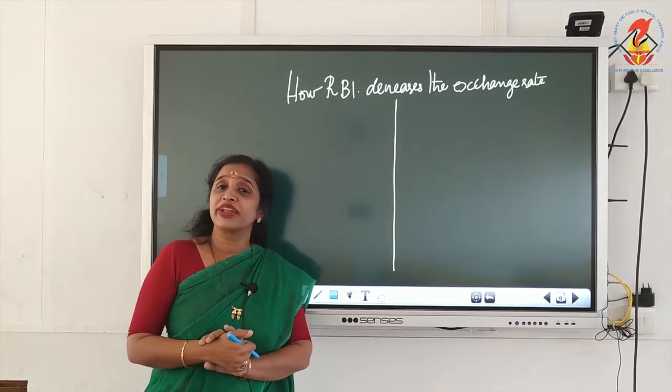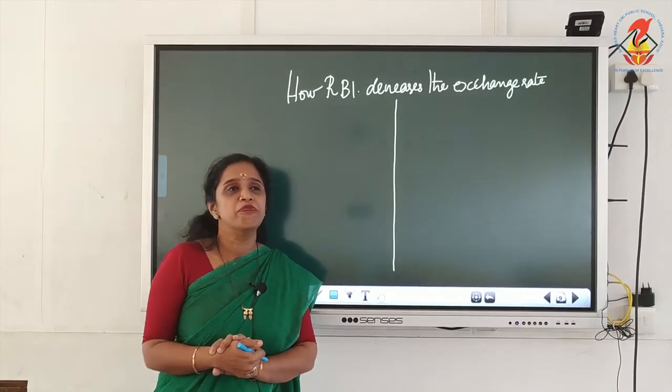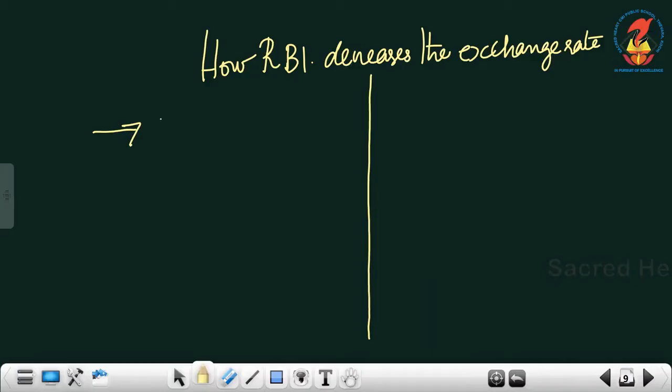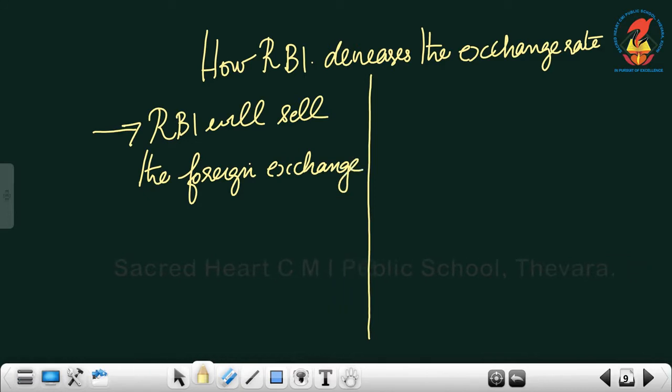So whatever foreign exchange it has, it will try to sell it in the international market. So the first point I am going to write here is RBI will sell the foreign exchange it has.